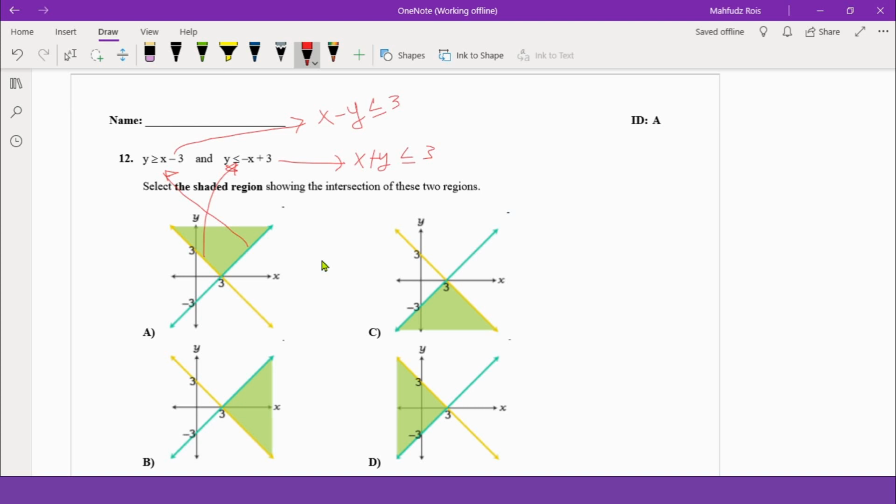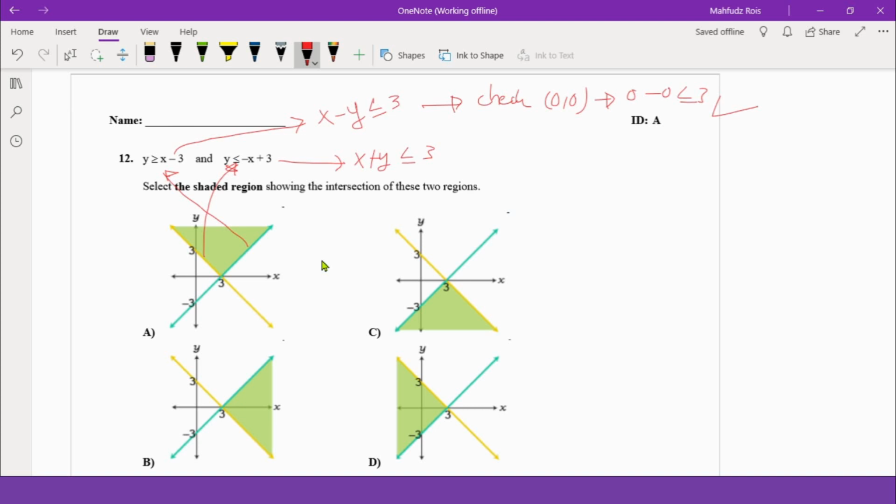Okay, let's check for the first one. Let's check with (0, 0). If we check (0, 0), it will be 0 minus 0 less than 3. So this is true, right?